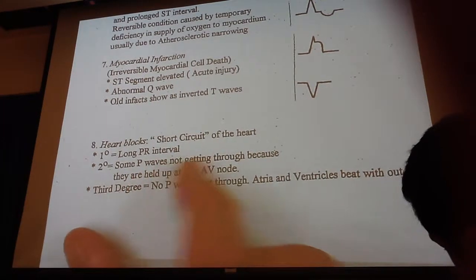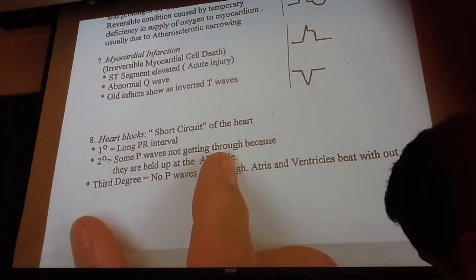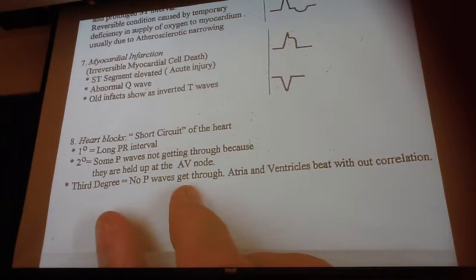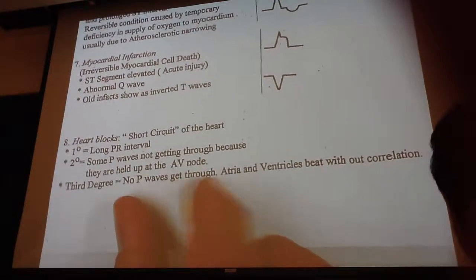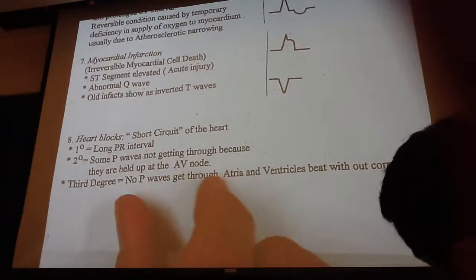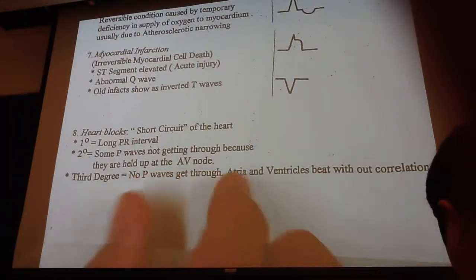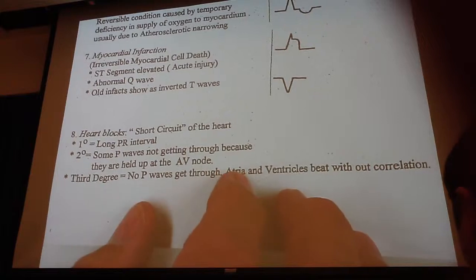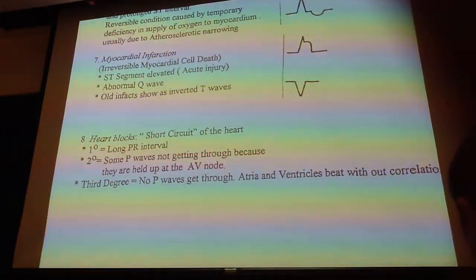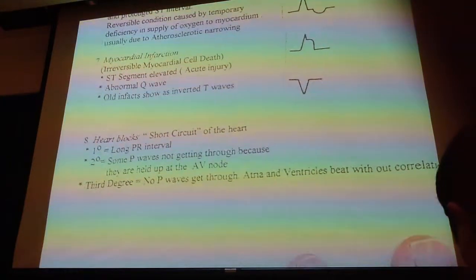So not every P wave is initiating a QRS complex. And then the third degree, which is obviously the worst, the P waves are going, but there's no QRS complex after it. So whenever the ventricle feels like beating, it'll go. Like I said, it's a pattern you should be aware of.